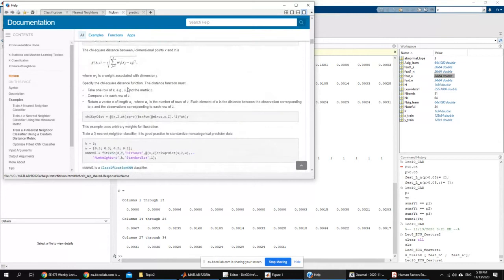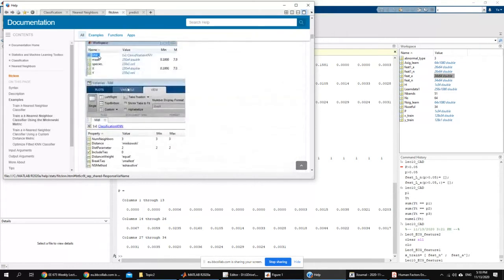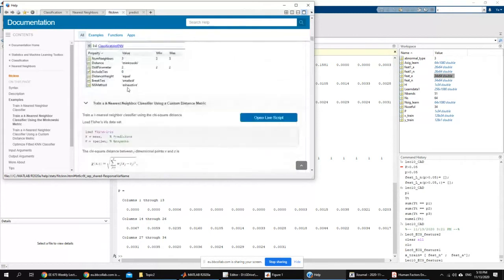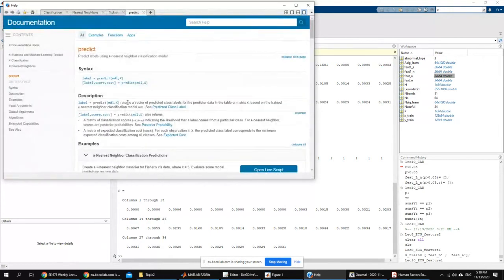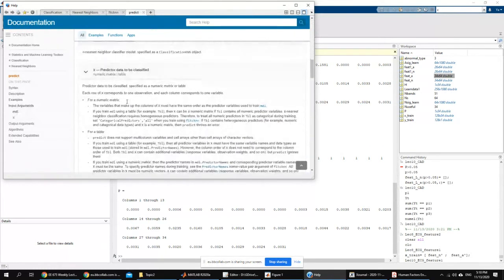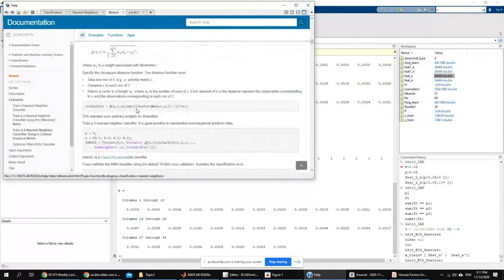Okay. So how about if you want to classify and see the classification of your data based on this model?